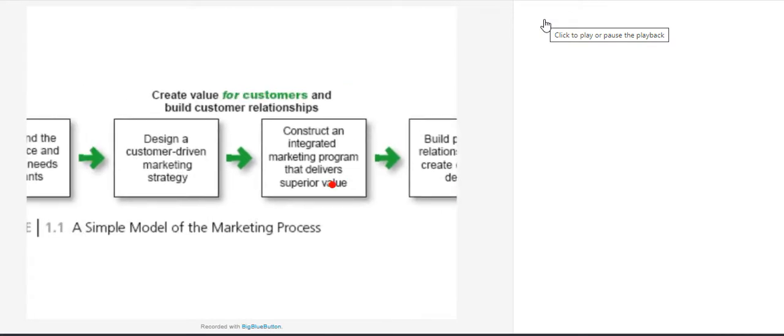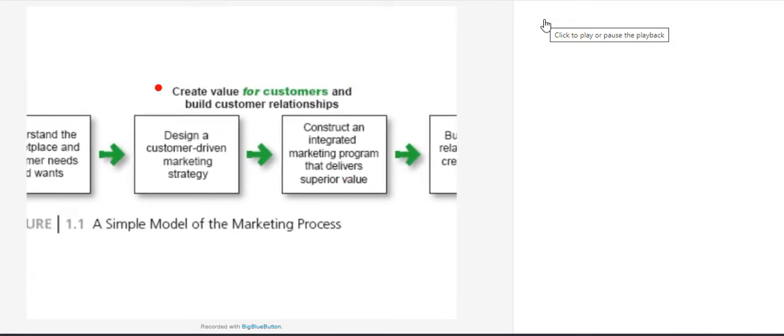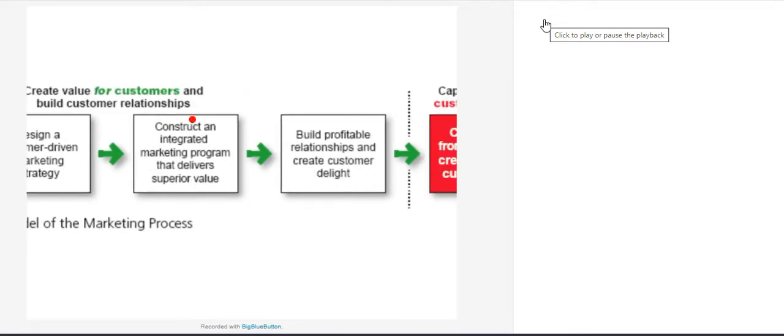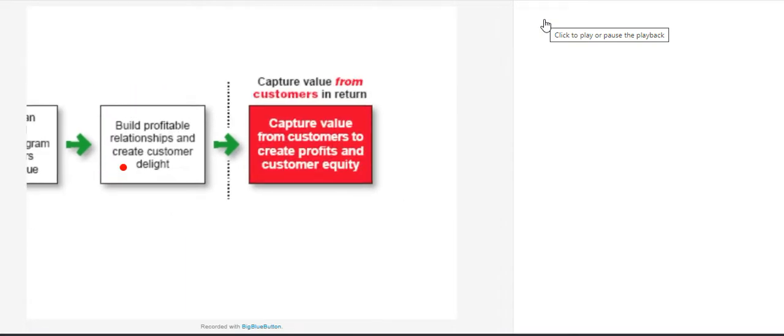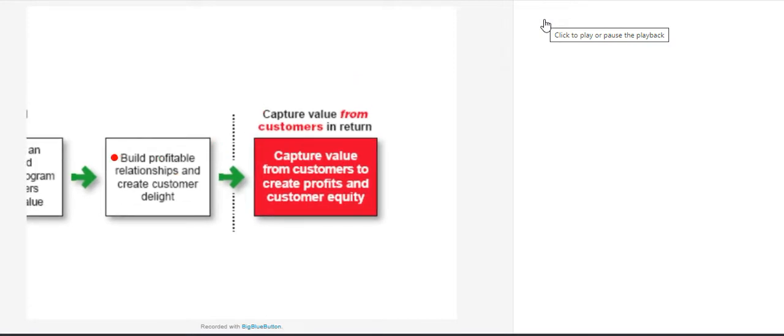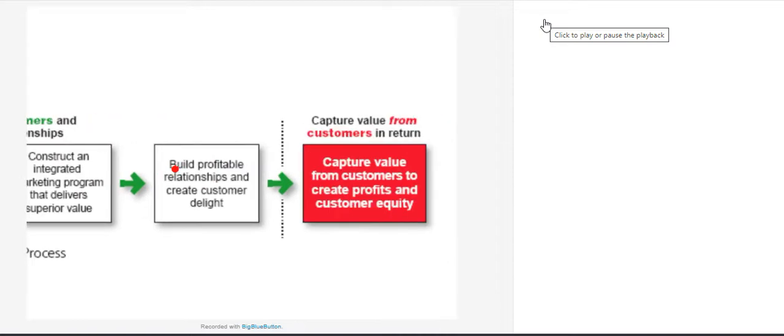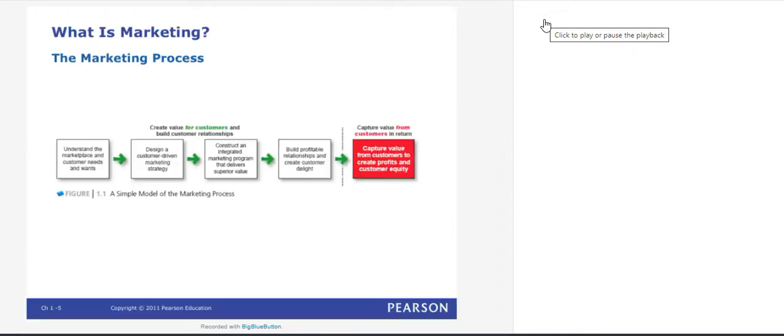So the first part is how to create value for customers and build a strong and profitable relationship with them. In return, businesses don't do this for free. They want profit, but they want profit after they make people satisfied. So they capture value from customers and create profit and customer equity. This is simply the model of the marketing process.